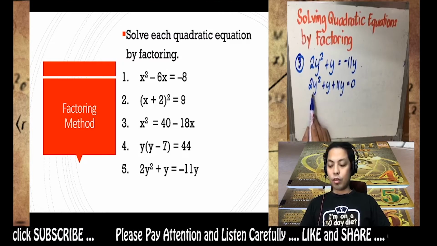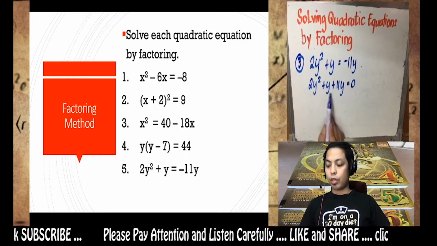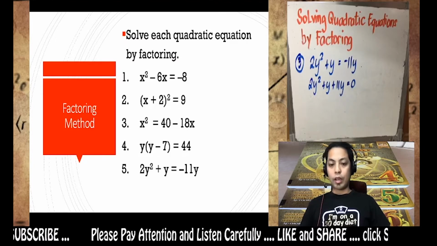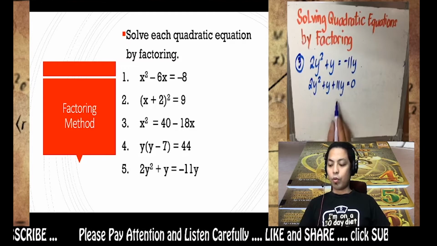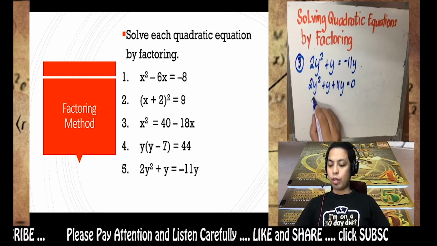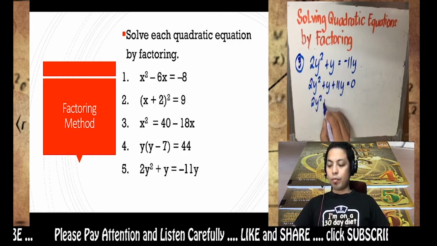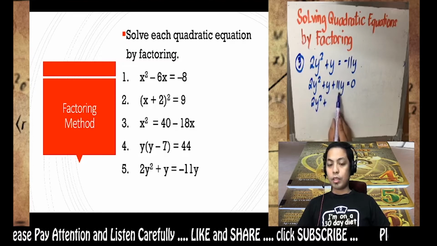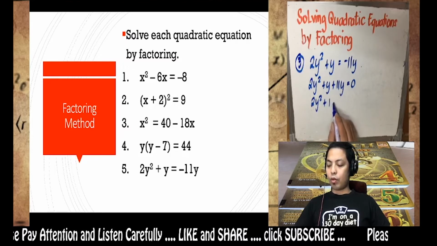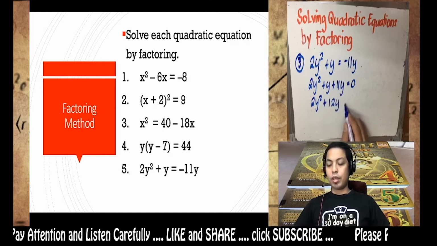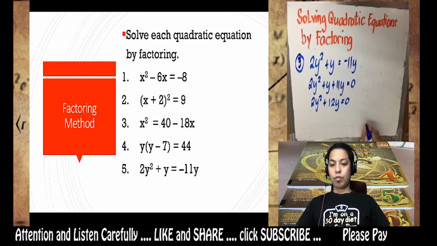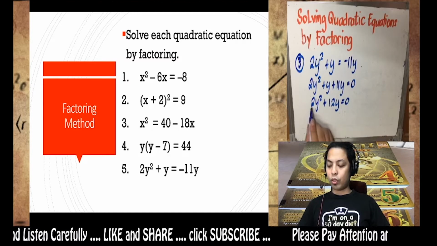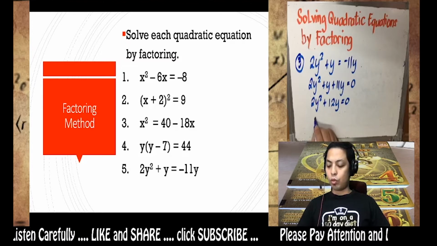Mapapansin natin dito, we have quadratic term and 2 linear terms. Wala tayong naging constant. So, combine lang natin yung linear terms. So, we have 2y squared plus, since we have 1 here, plus 11, meron tayong 12y is equal to 0. So, common factor ng 2 at ang 12 ay 2.